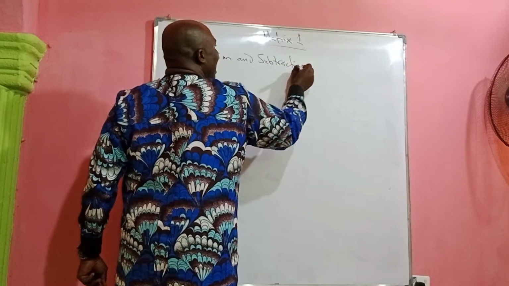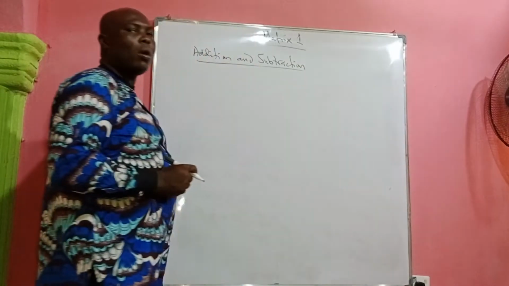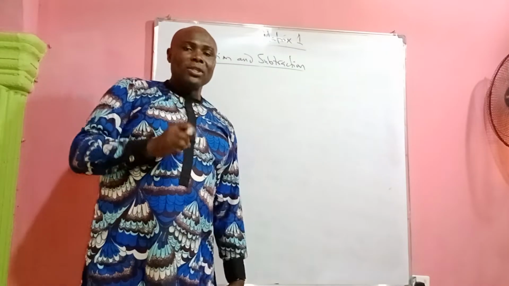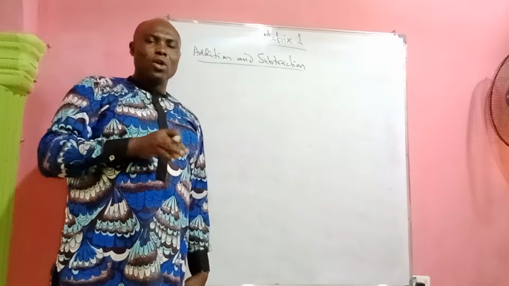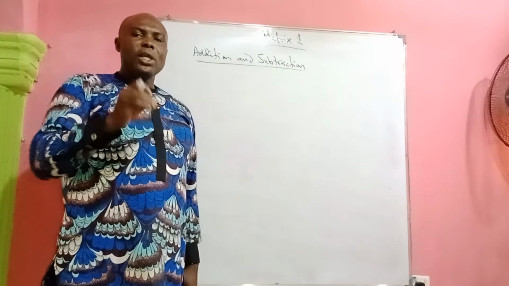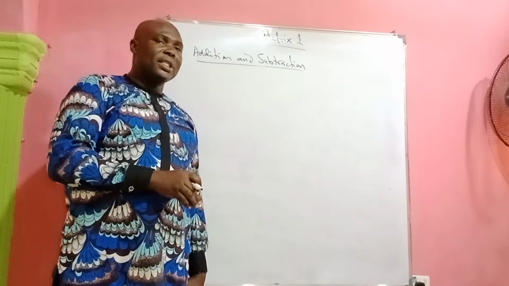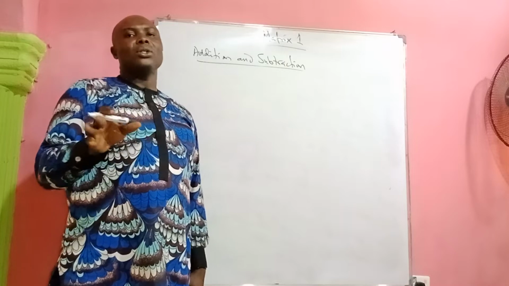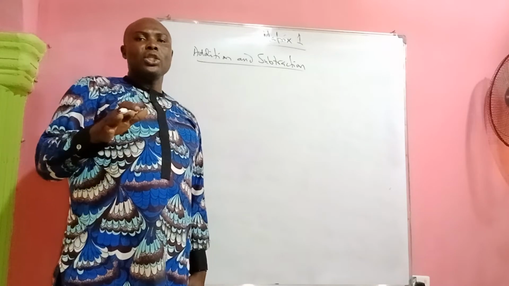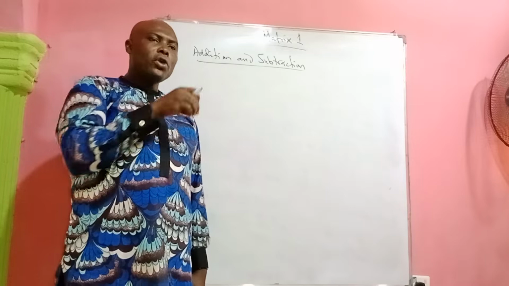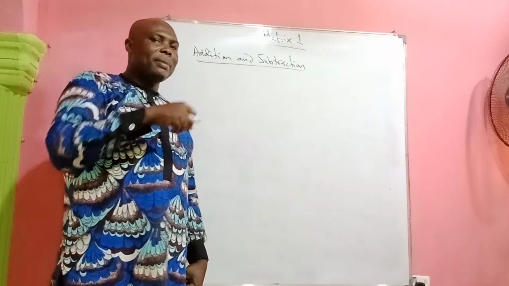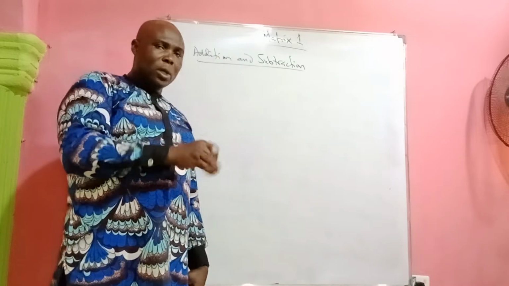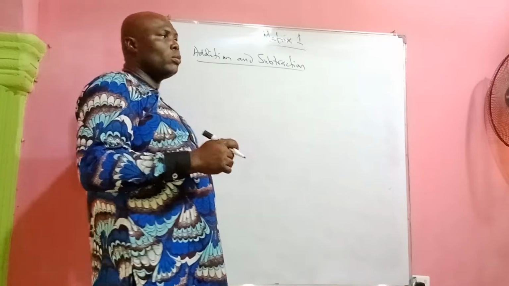Now, in order to add and subtract 2 or more matrices, the matrices you intend to add or subtract must be of the same order. If they are not of the same order, you cannot add them, you cannot subtract them. Such an operation is not feasible. But before you add or subtract, you must confirm that they are of the same order. And if they are of the same order, you can go ahead to add the 2 matrices.